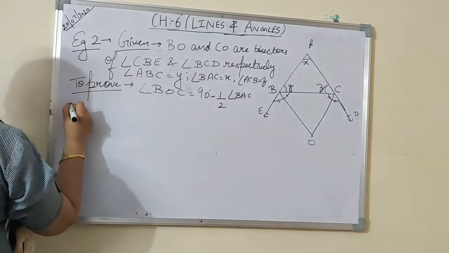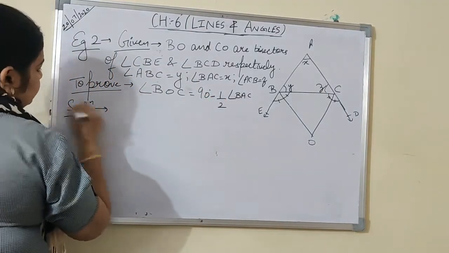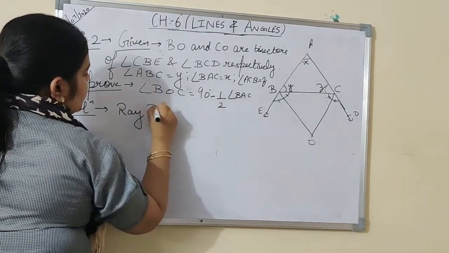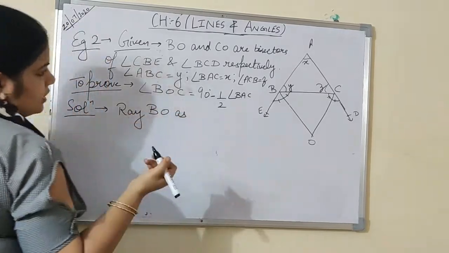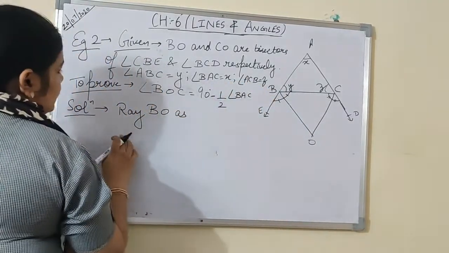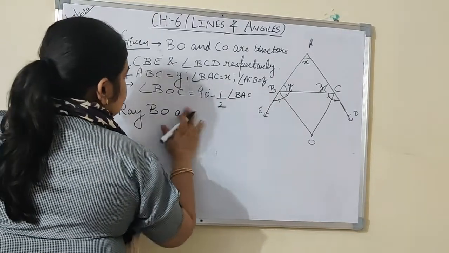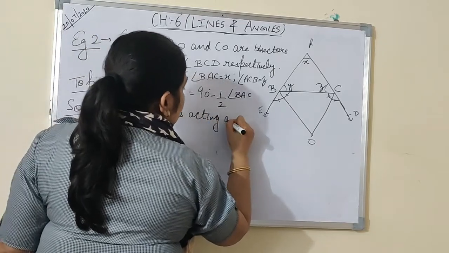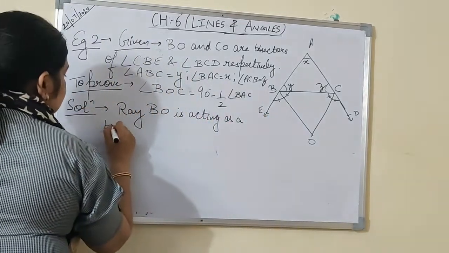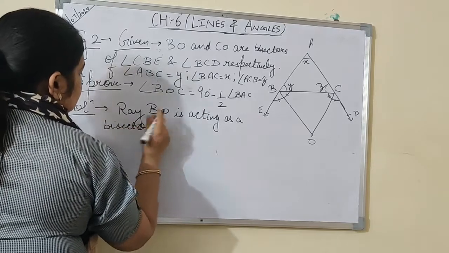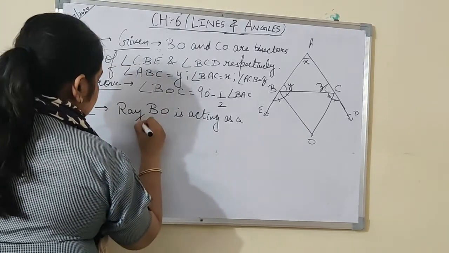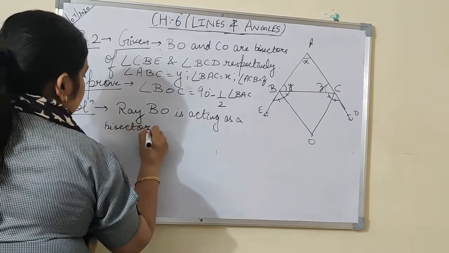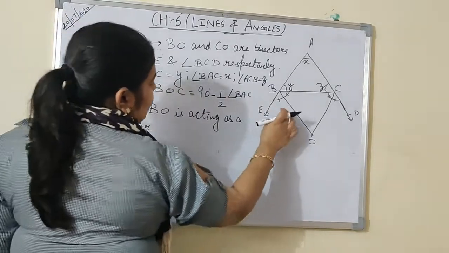Now, first I will take ray BO as a bisector, as it is given to us that BO is a bisector. So ray BO is acting as a bisector. So what can I write?